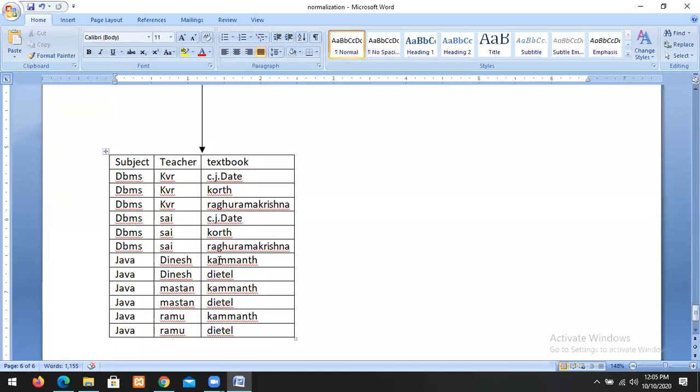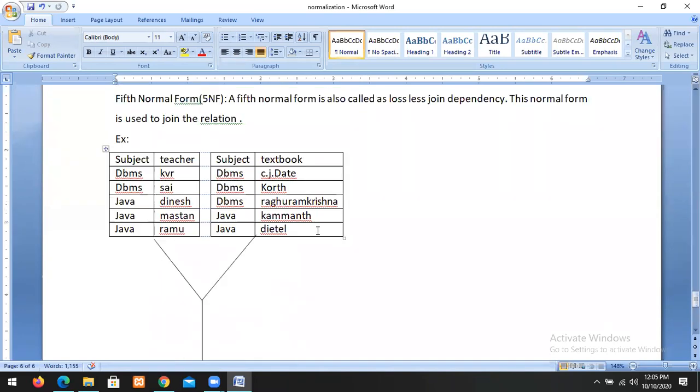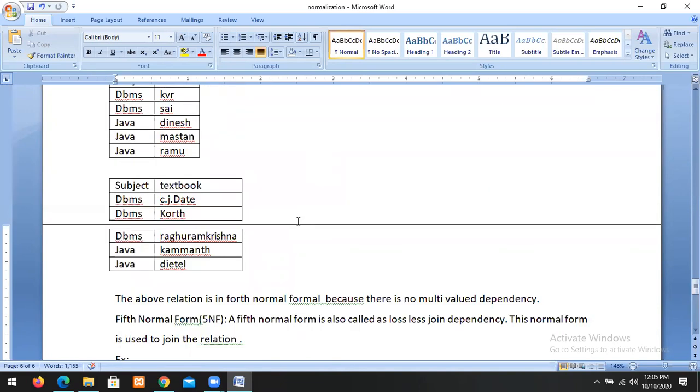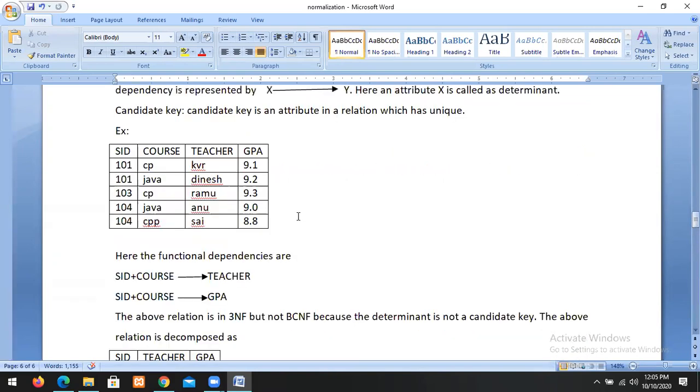So this is called fifth normal form. Like this we have five normal forms: first, second, third, fourth, fifth. Up to four normal forms are used to decompose a relation into smaller relations. The fifth normal form is used for join dependency. Join dependency means we merge the relations again, and that we call fifth normal form.